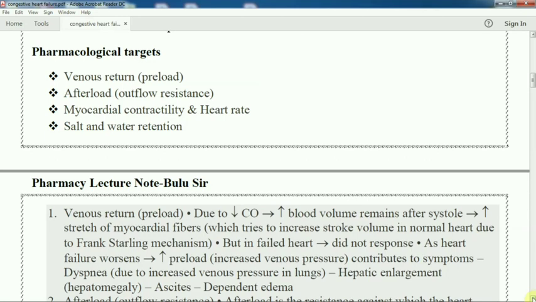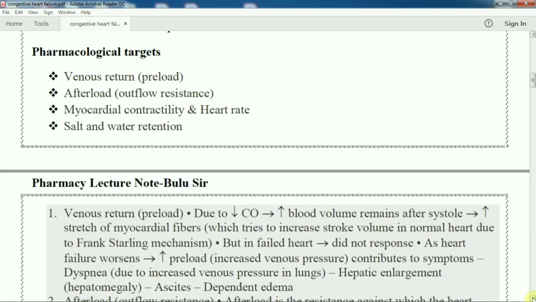That means the middle layer of the heart, the myocardium, is stretched, and the remaining blood stays inside the ventricle. But in a congestive heart failure patient, it is not possible. That means the myocardial fiber is not stretched.